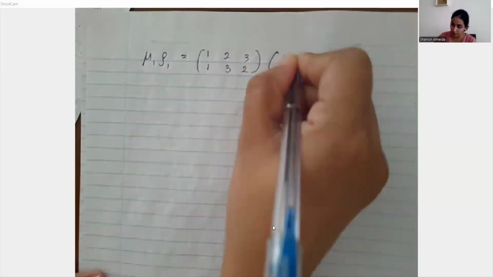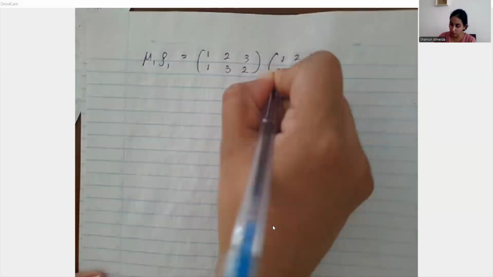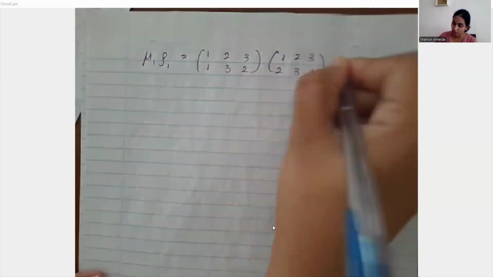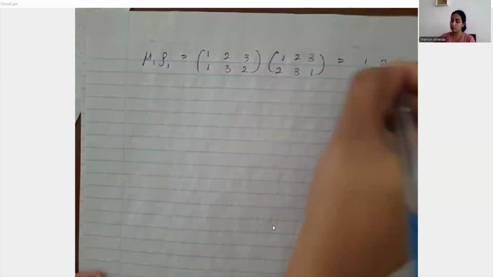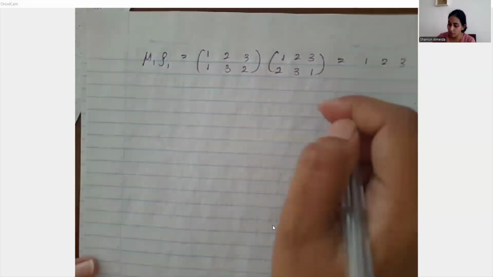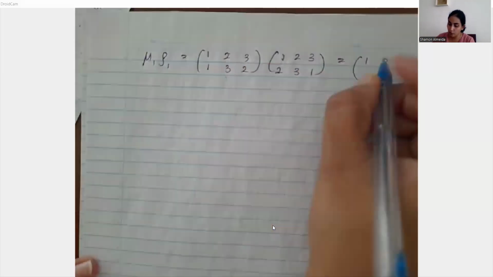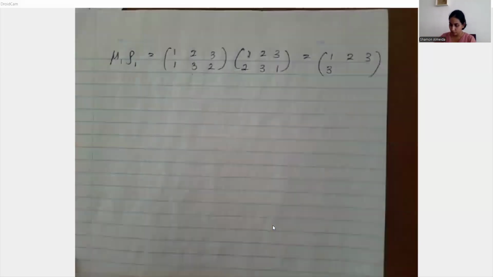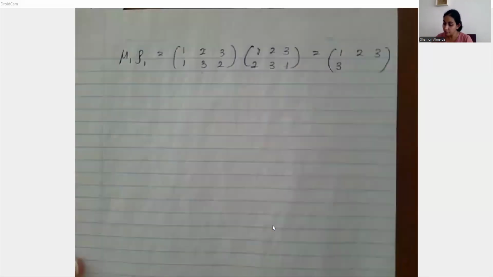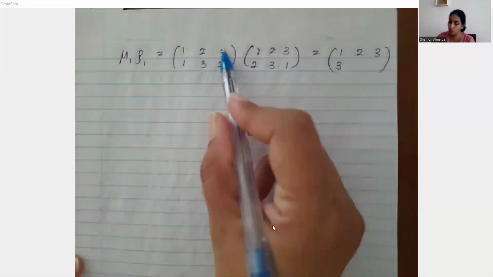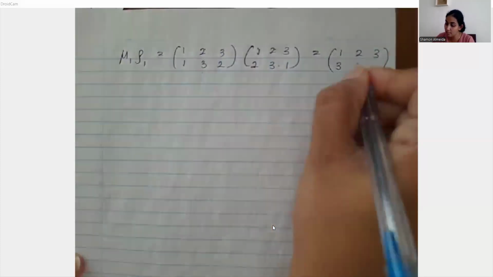Rho 1 is given by sending this to 2, 3, and 1. Now let's find this composition. 1 goes to 2 over here, 2 goes to 3. So 1 will go to 3. Then we have 2 goes to 3 and 3 goes to 2. 2 will go to 2. That means 2 is fixed.